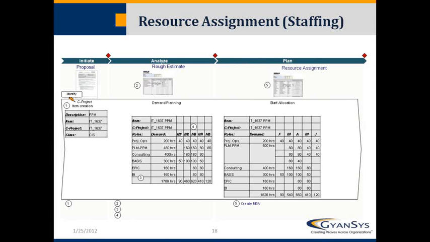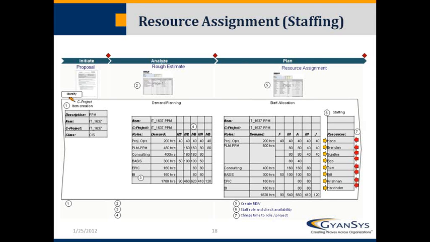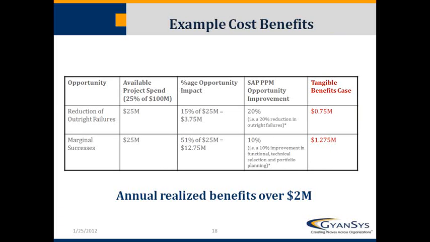And then as we get closer towards a starting point of a project, we can incrementally increase the level of detail. And finally, when we're ready to start the project, we can staff the project and charge time to that project. So that's a simple process walkthrough of how it's going to look in SAP. And we'll jump into the screens in a little moment.